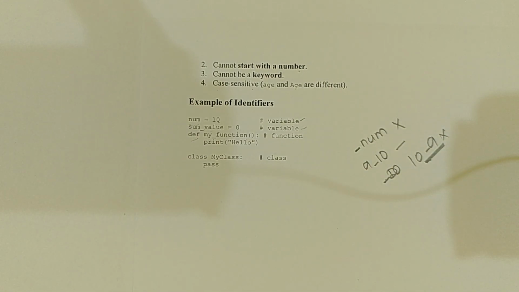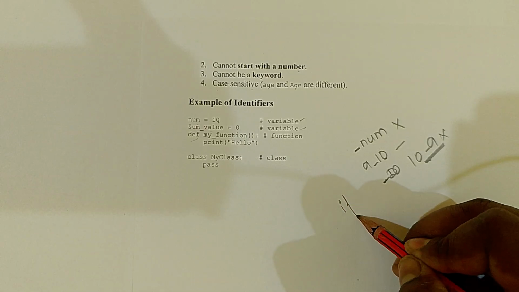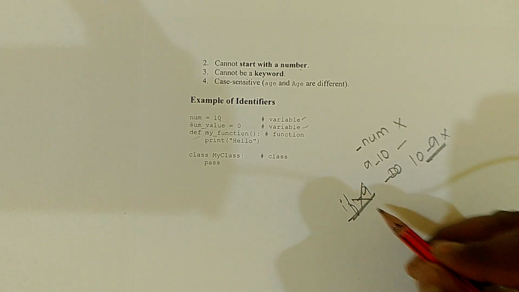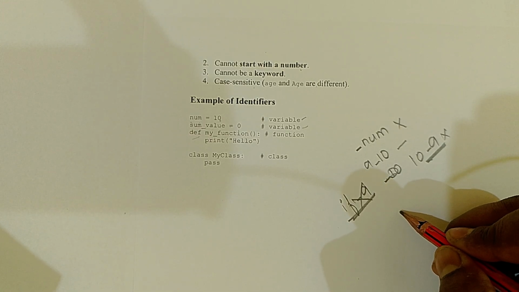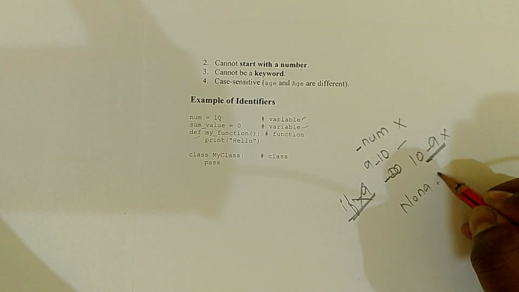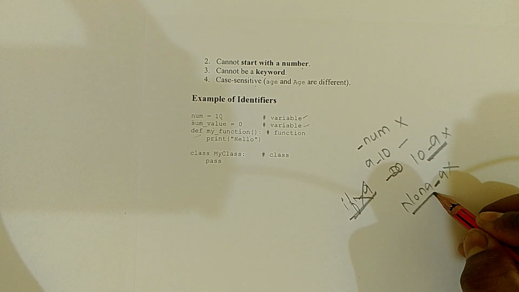An identifier cannot start with a number and cannot be a keyword. If you write this, is it an identifier? No, because it is a keyword. And none underscore a is an identifier, no, this is a keyword.